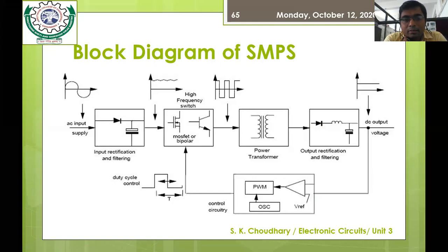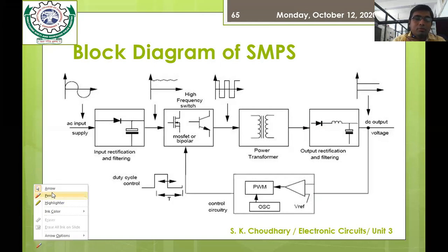If you see here, start from the left section, the input section, and move to the right section, the output section. You can see there is an AC input coming from the supply to our households.